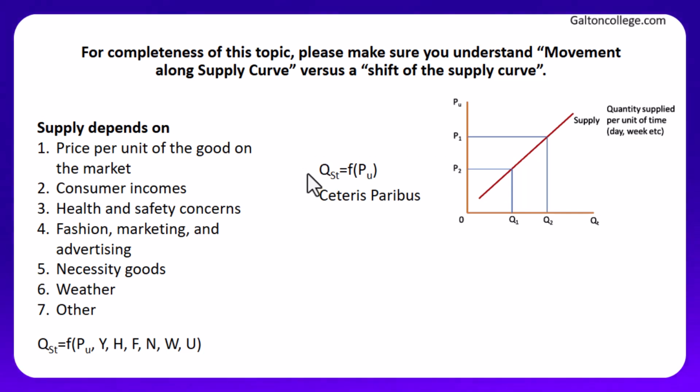But when you do that, you have to tell everyone you're holding things constant. You're making the variables into constants. You're assuming it. So, for example, fashion here. Well, we're holding fashion constant. It doesn't change. Health and safety concerns don't change either. So we're holding all of that constant, and that enables us to have supply against the price.